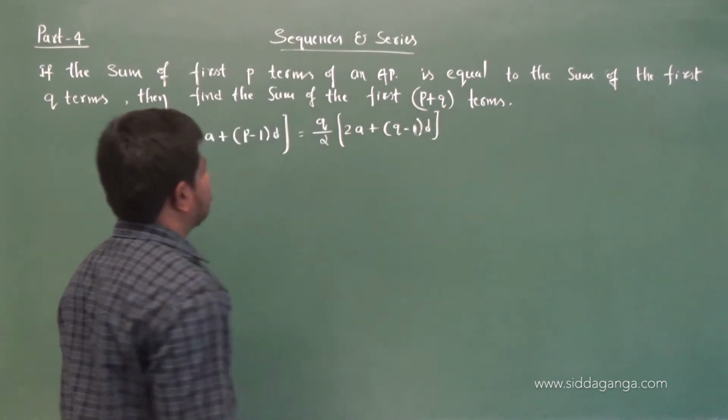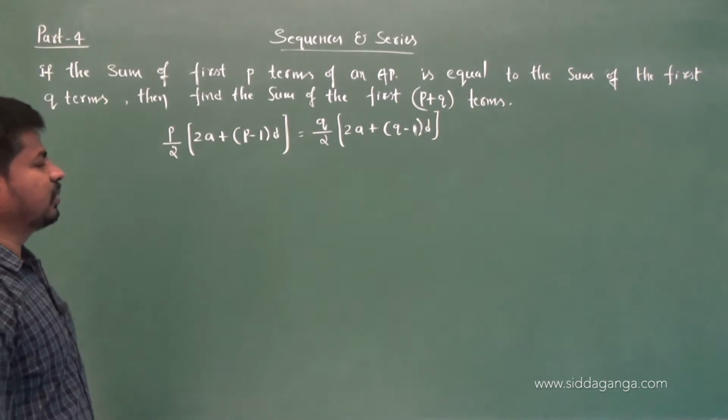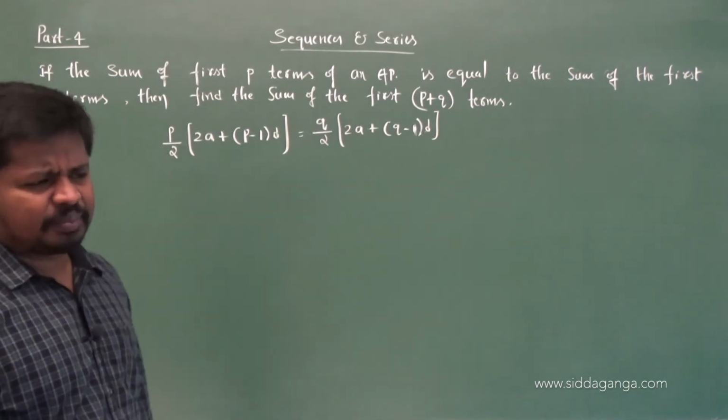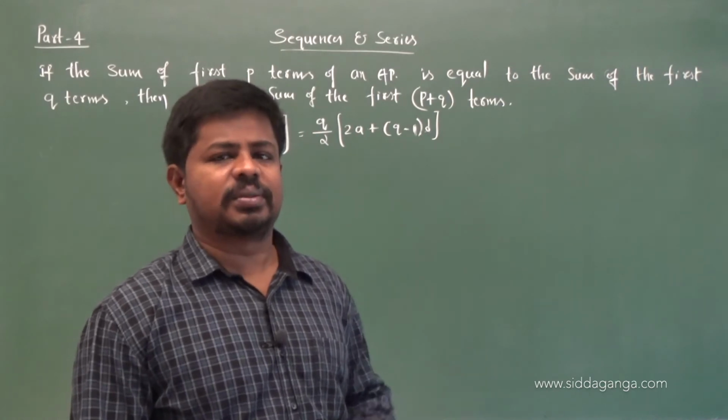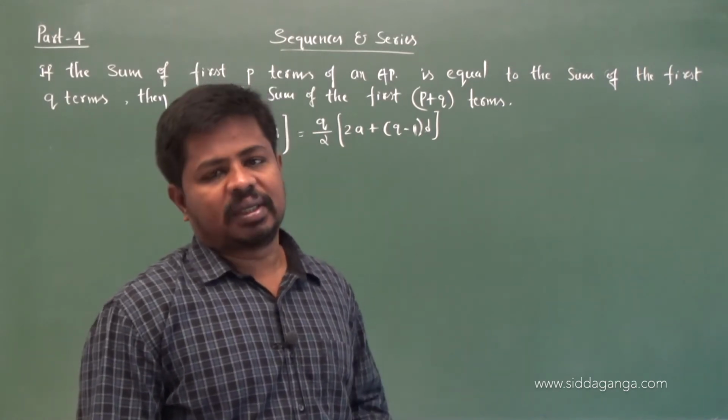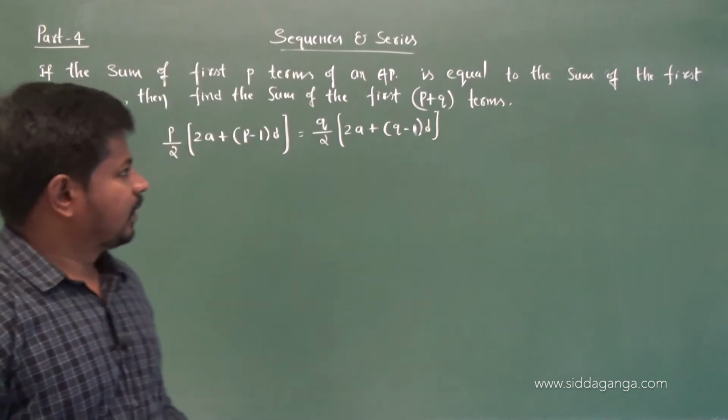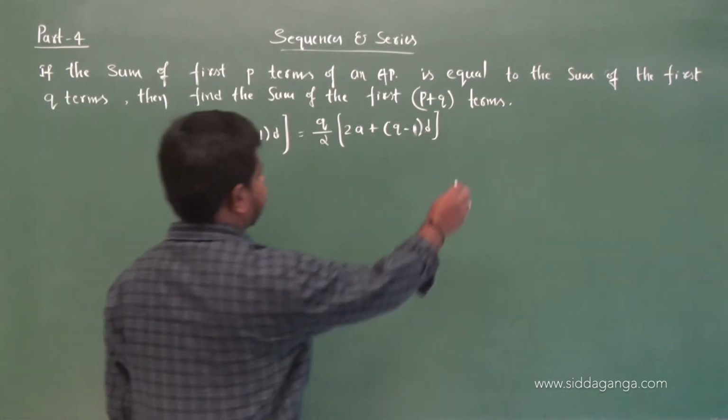Hope you got it. The sum of p terms equal to the sum of q terms. p may be any number of terms, like the sum of 5 terms is equal to the sum of next 10 terms, like that. Okay, this is the question.